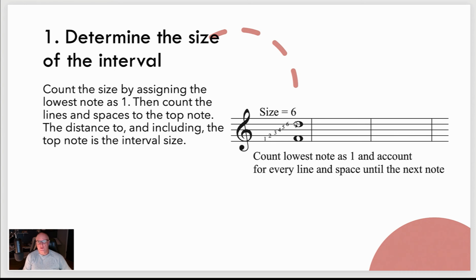It's that simple. The important thing is don't start counting on any other line or space. Start counting the bottom note as 1 and then just go up and alternate line, space, space, line, whichever happens to be next. That's the first step. So I don't care what interval you're looking at. If you have 2 different notes, start counting from the bottom and work your way up to the top. That gives you its size. It's really straightforward.